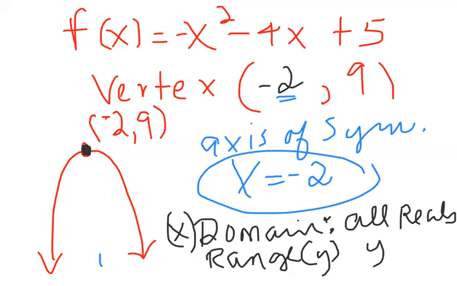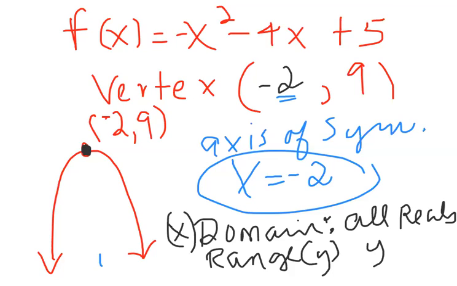But then what happens with all the y values once they reach the maximum, guys? Are they going to get smaller or are they going to get larger than 9? Once you get to the maximum, what's going to happen with the y values? Are they going to be less than 9, lower than 9, smaller than 9, or are they going to be greater than, larger than, bigger than the 9?